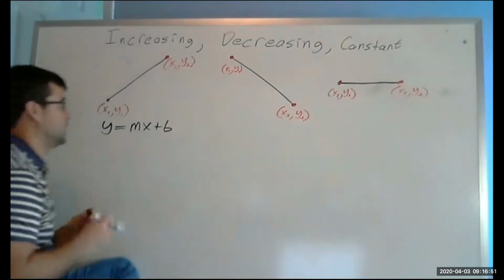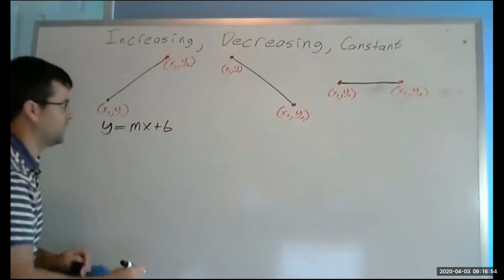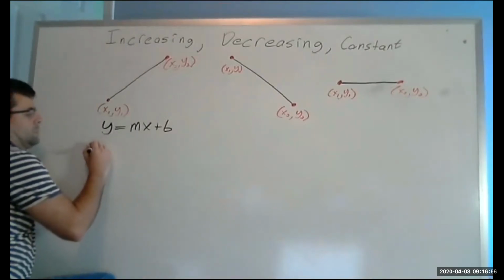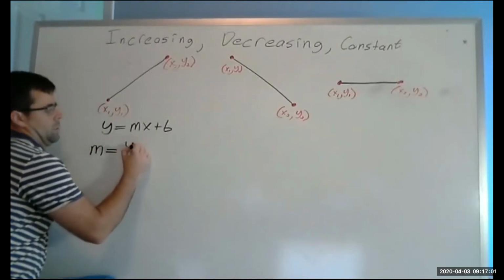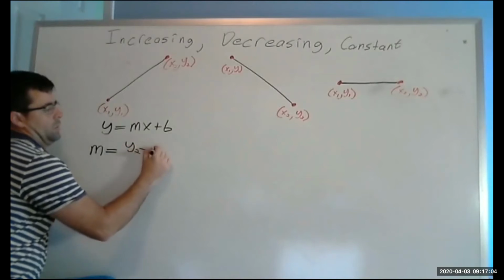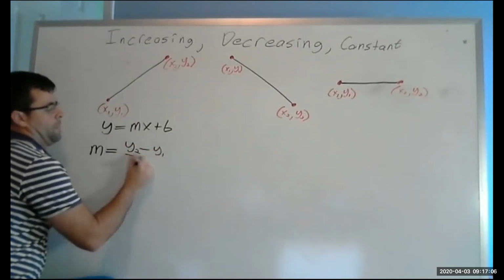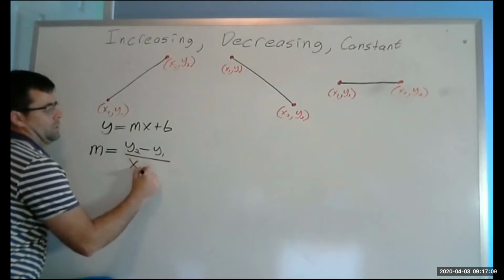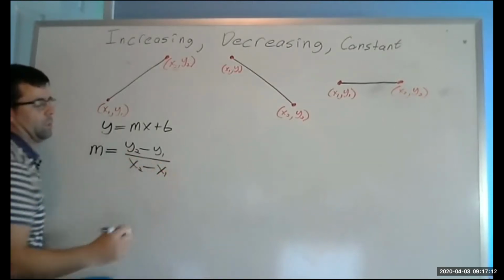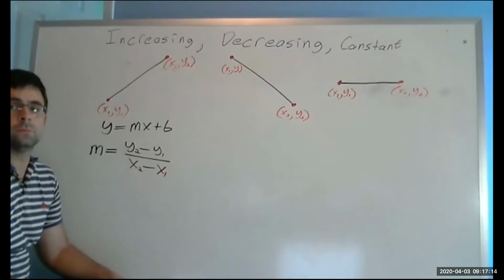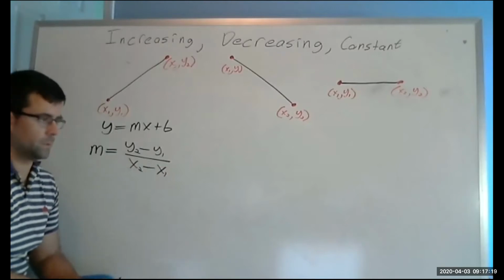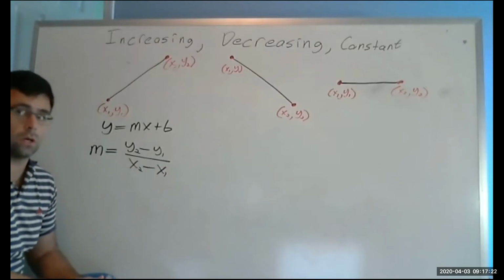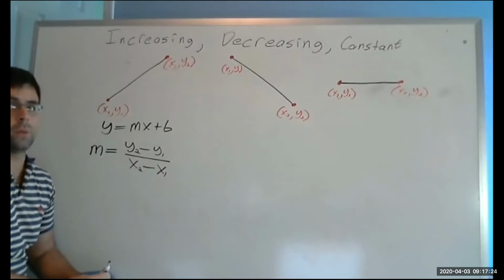Well, let's find the slope. Slope equals y2 minus y1 over x2 minus x1. We don't know what y1 and y2 are, but we do know something about them relative to each other.